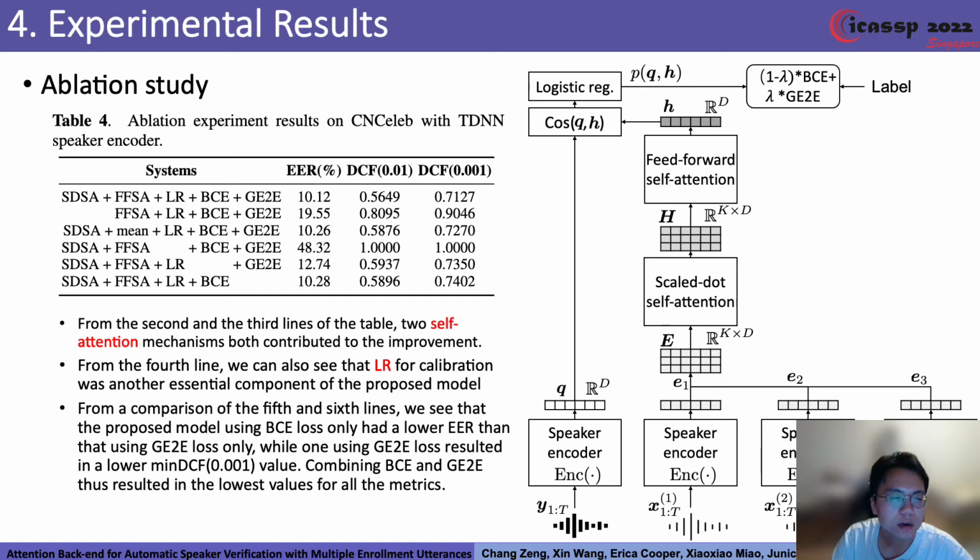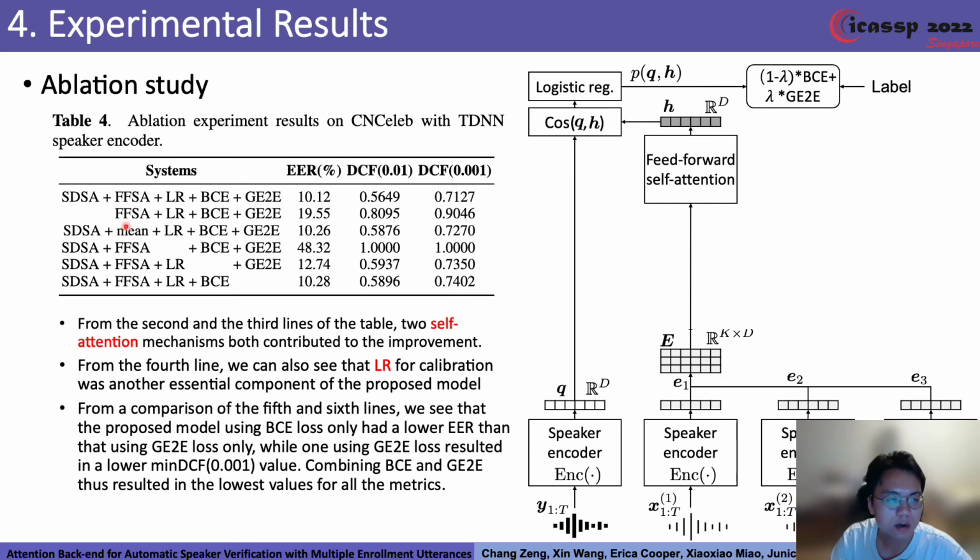Finally, let's see the ablation study. This table shows the result of the ablation study. First, let's see the first line. It decomposes our attention backend into 5 parts: scaled dot-product self-attention, feed-forward self-attention, logistic regression, binary cross-entropy, and generalized end-to-end. Next, let's see the second line. It masks the scaled dot-product self-attention out, as the figure shows.